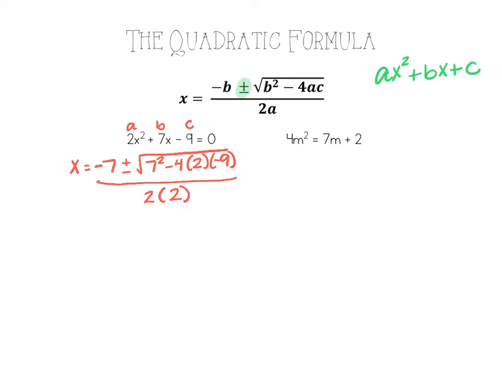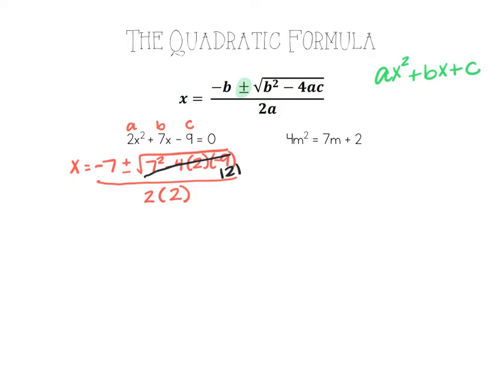Now I'm going to simplify some of that. So in my calculator, if I do 7 squared minus 4 times 2 times negative 9, I get 121. So I can replace what's inside here with 121.